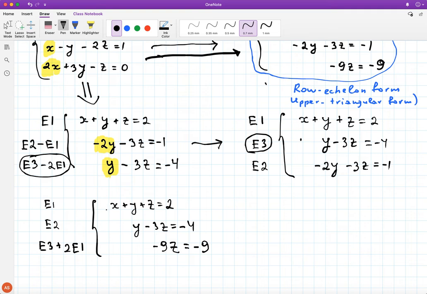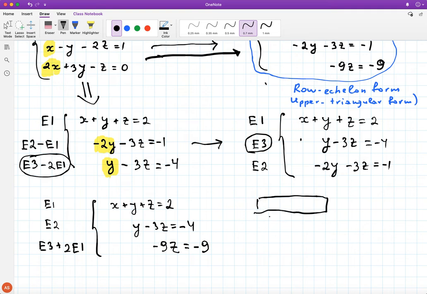And here we have achieved that row echelon form, or upper triangular form, where as we go down the system, our equations become shorter and shorter. This is what we mean by row echelon form.